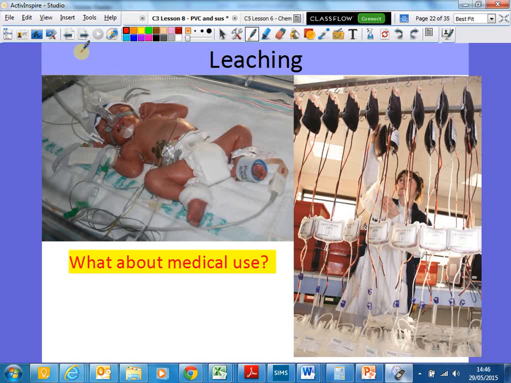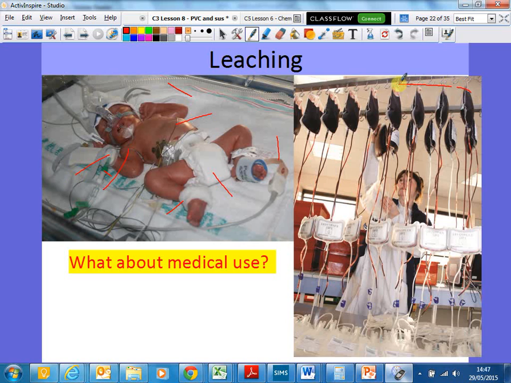And the reason for this is because this piece of apparatus, these wires going in here, the nappy, these are all made of plastic that contains plasticizer.